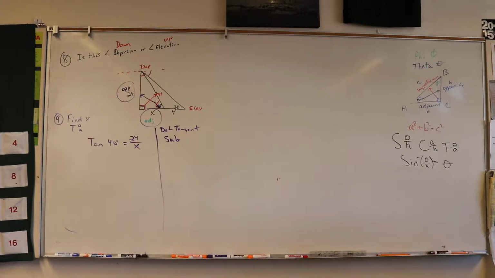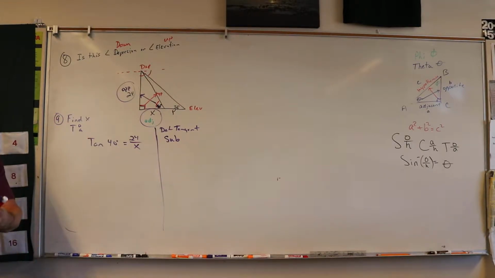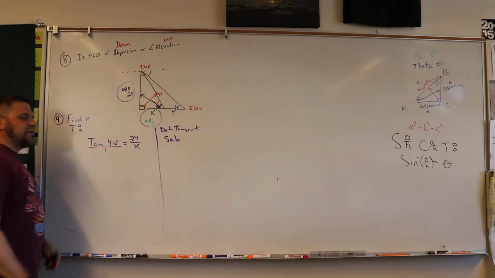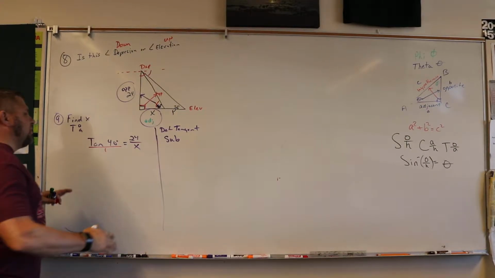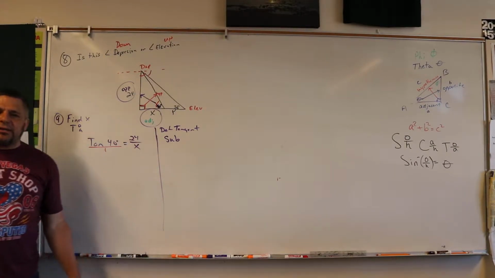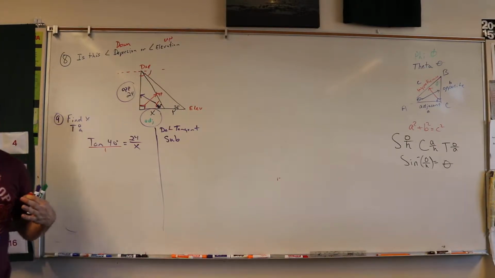Now, the fun part begins. How do we solve for x? Well, we have to remember that this is really tangent over this. So what we could do is cross multiply and then divide. I have a little trick that I teach.